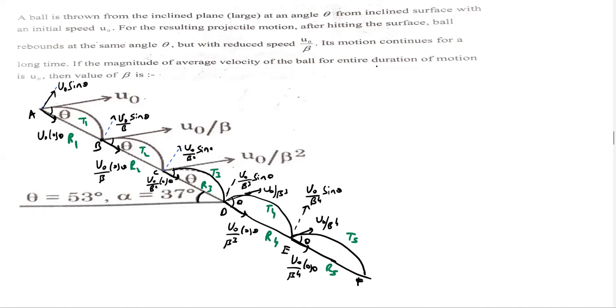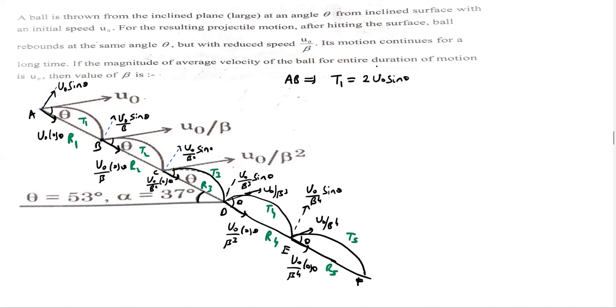I will write the projectile equation. What is the time of flight for the projectile? What is the time taken to move from A to B? Directly, I'll write it from A to B, or AB. This should be equal to the time of flight, T1, which is equal to 2 U naught sine theta. I'm going to resolve this G here.